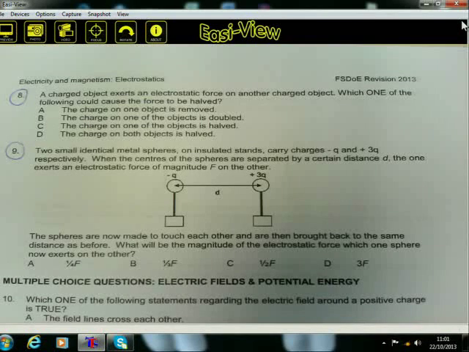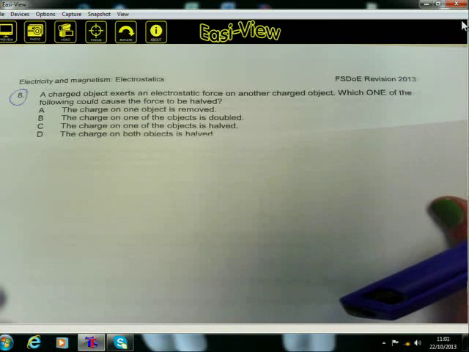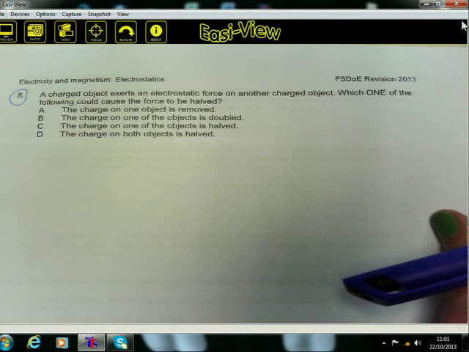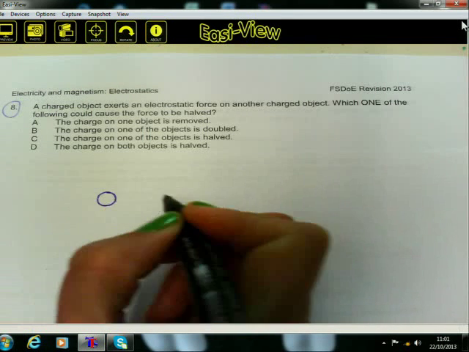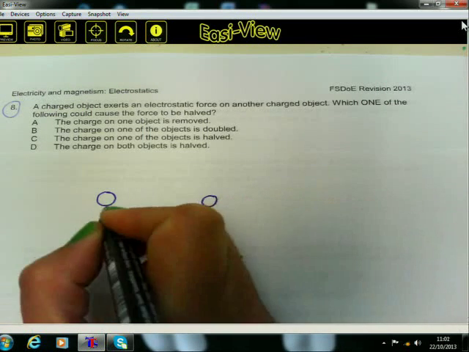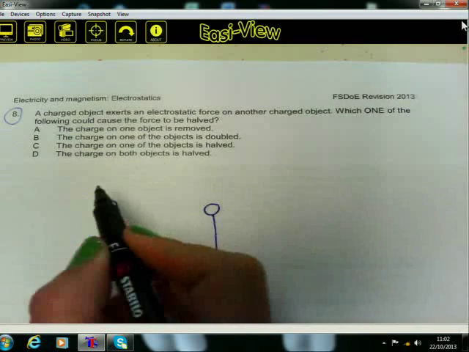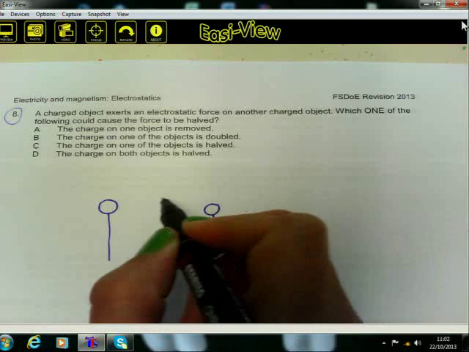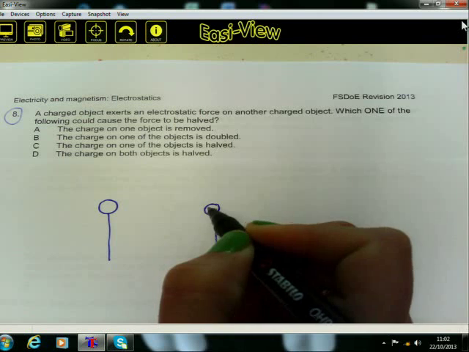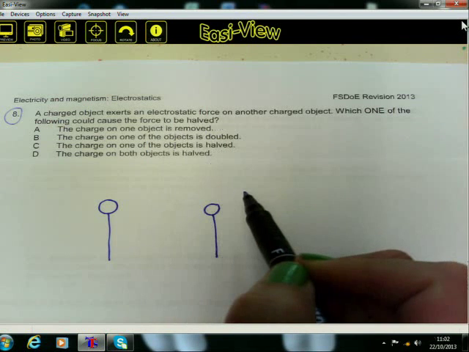Alright, so let's look at number 8. A charged object exerts an electrostatic force on another charged object. Okay, so let's draw the two objects. Let's make them spheres. Which one of the following could cause the force to be halved?